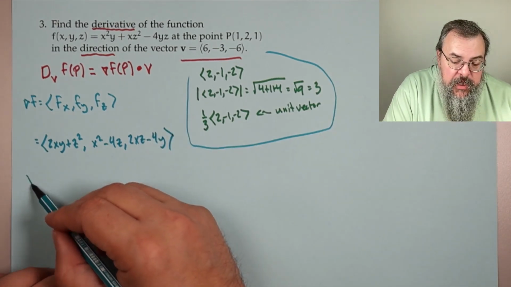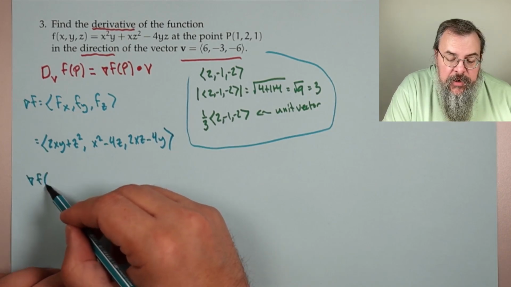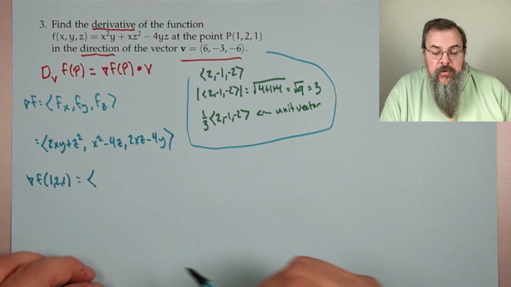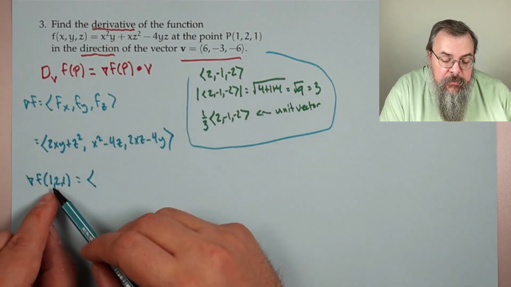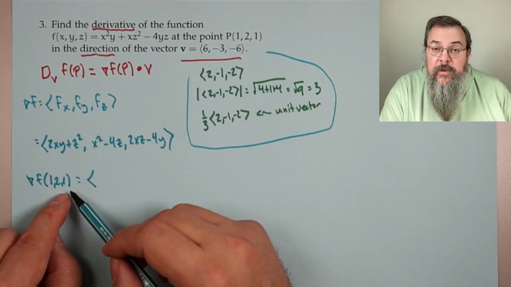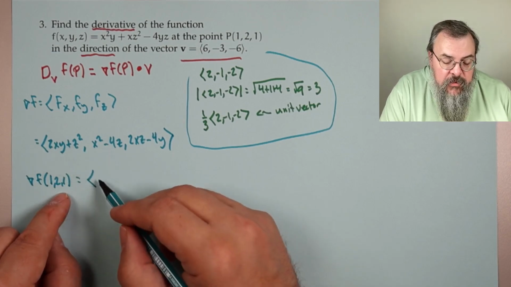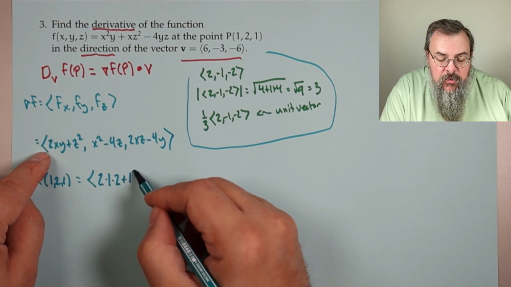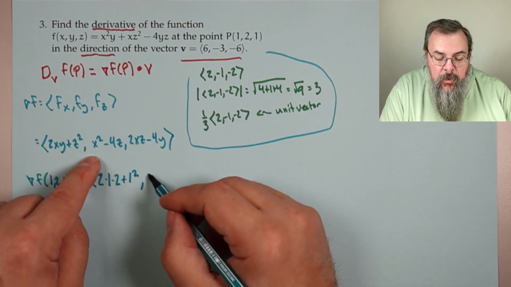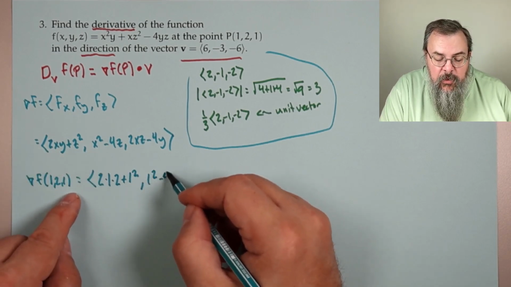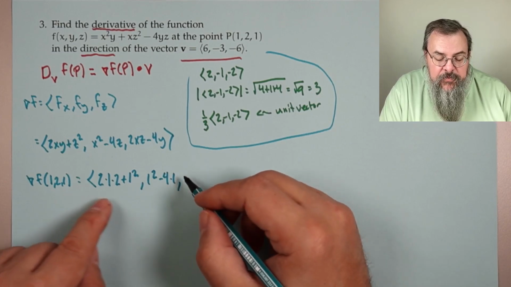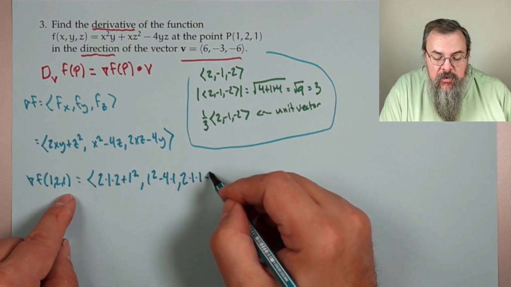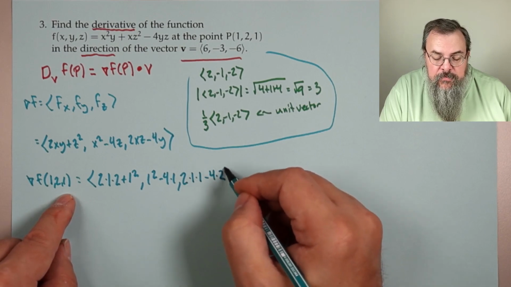All right, so there's our gradient. Now, plug in the point. So the gradient of f at 1, 2, 1. What does that say? Everywhere you see an x, put a 1. See y, put a 2. See z, put a 1. So 2 times 1 times 2 plus 1 squared, comma, 1 squared minus 4 times 1, comma, 2 times 1 times 1 minus 4 times 2.